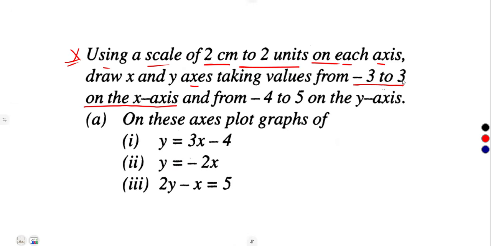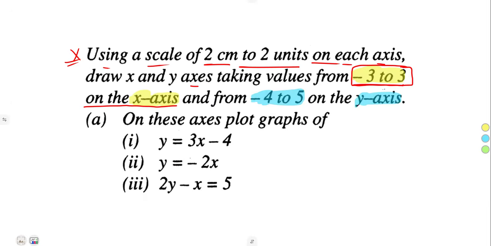The x values must be taken from -3 up to +3. Those are the x values. And the y values from -4 up to +5 on the y-axis.